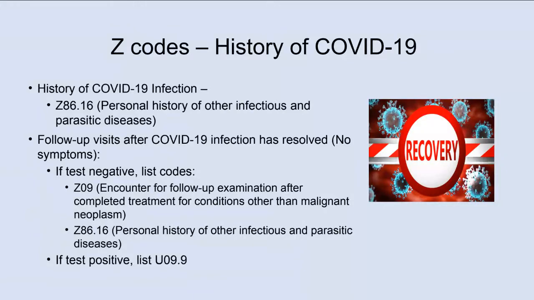Personal history of other infectious and parasitic diseases, history of COVID. If the patient is seen for a follow-up visit after COVID has resolved, no symptoms, they will get tested again. If the test is negative, do Z09 and Z86.16, follow-up exam and personal history. On the other hand, if they test positive, use the U09.9 because it has come back or it is still there.